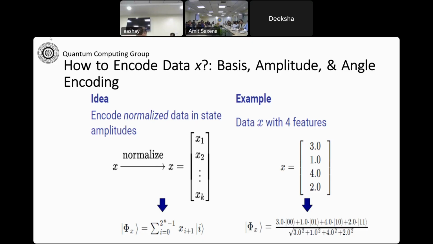You generate a superposition space. This is how you can encode a larger dimensional feature space using the quantum.